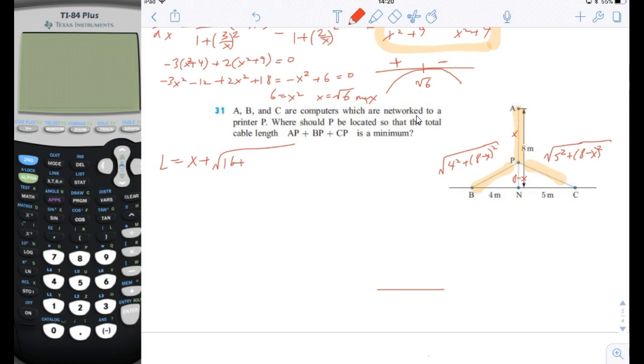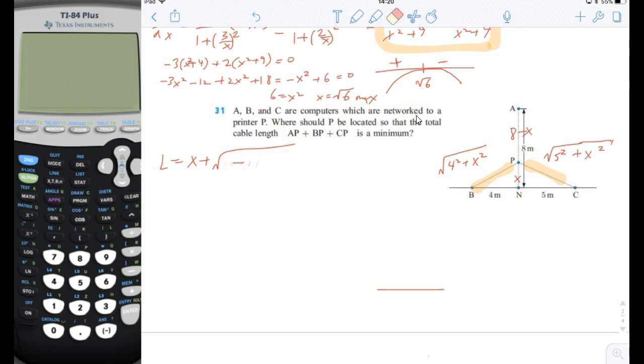And I guess we should maybe multiply everything out. 64. You know what? This is going to be awful. So I'm going to do the opposite. And then I think you'll see why I'm going to do the opposite. I'm going to put X here, and this will be 8 minus X. You saw why, right?